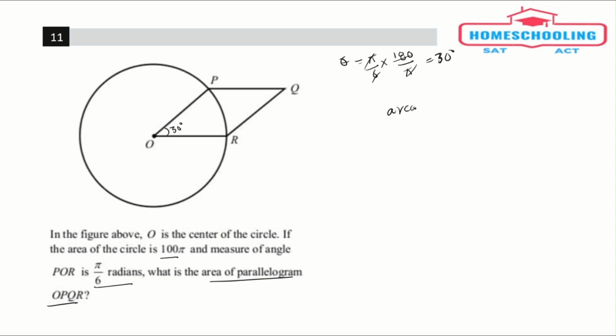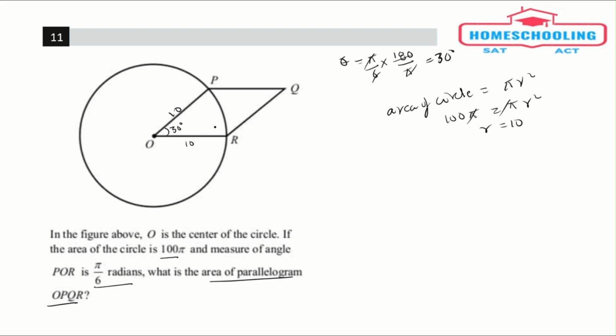Area of a circle is pi r square. In the question it is given 100 pi is equal to pi r square. So r square is equal to 100, so r is equal to 10. So radius OP and OR are both 10.